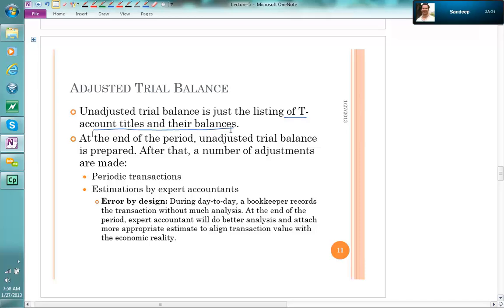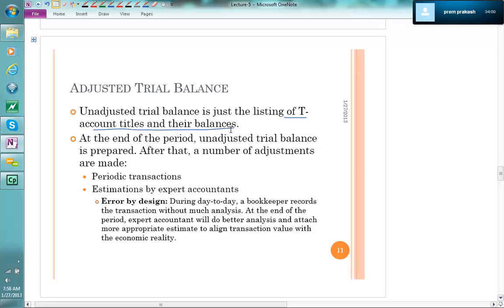So for the sake of simplicity, whoever is the day-to-day bookkeeper will make some entry, though it may not reflect the economic reality of the transaction. There will be many such wrong entries made into the books, and all these wrong entries are by design. What is the meaning of by design?